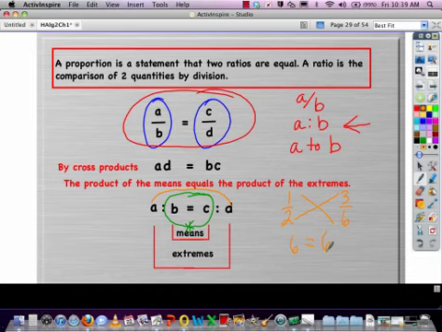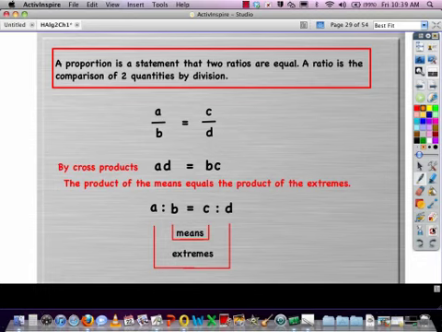One thing you are going to see is that if we give you an unknown, let's say x is to 5 as 3 is to, let's make it 8, we'll get means and extremes, 8x equals 15.